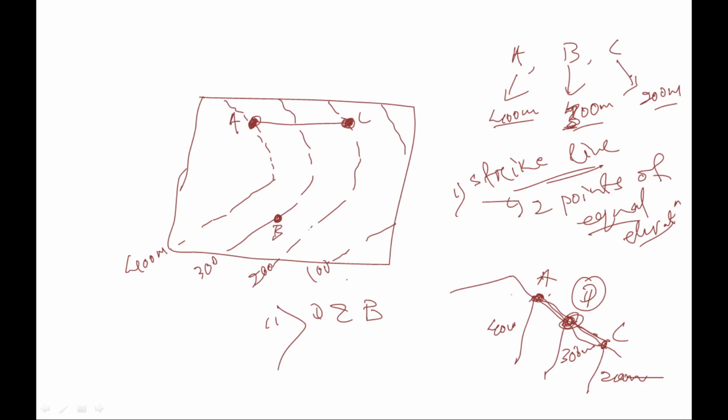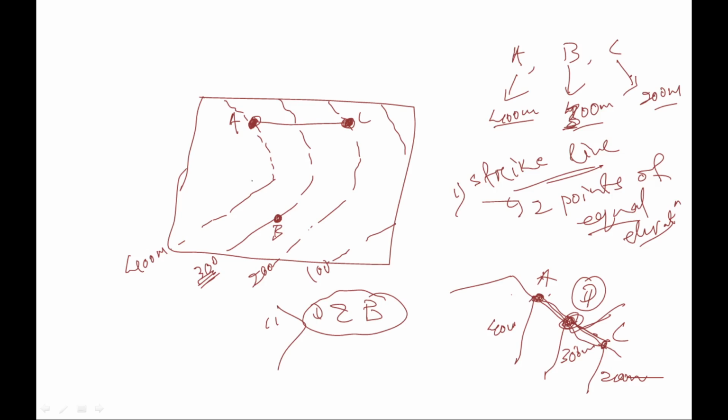First you have to find D, then join D and B to find the strike line, which has a value of 300 meter, because B has 300 meter and D is also of 300 meter elevation. Then if you join BD, that will be your strike line of 300 meter value.